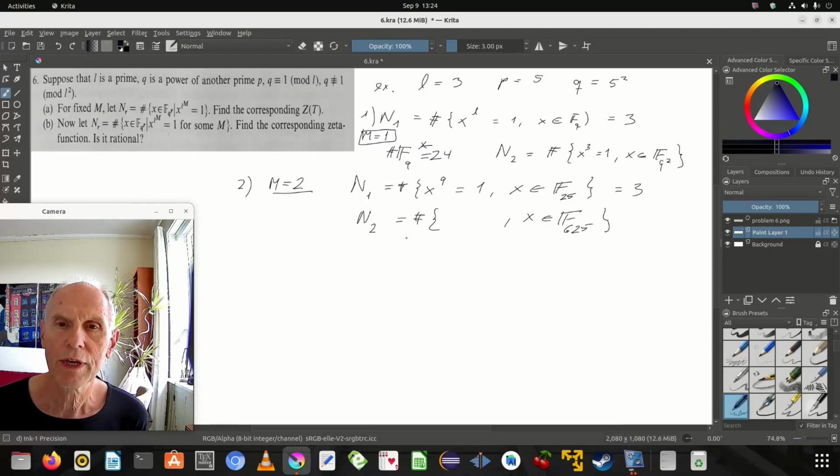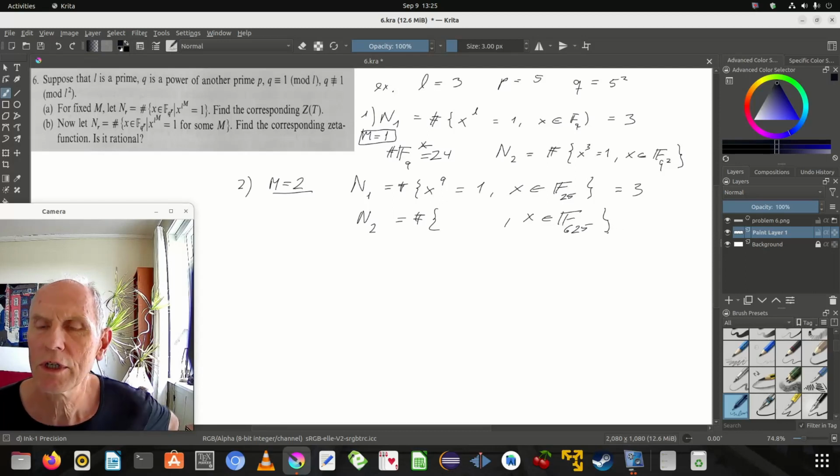So in that case, whatever m will be, I guess we will have 3 solutions. We will have 3 because 3 divides any power of q minus 1, and no higher power of 3 does.